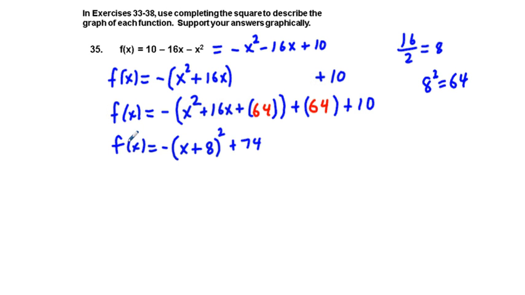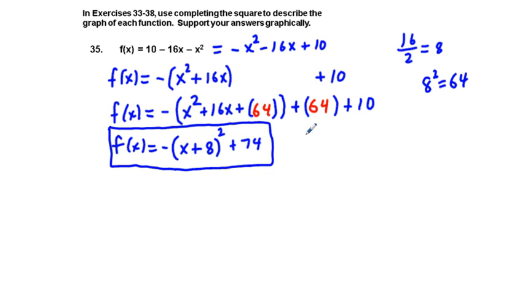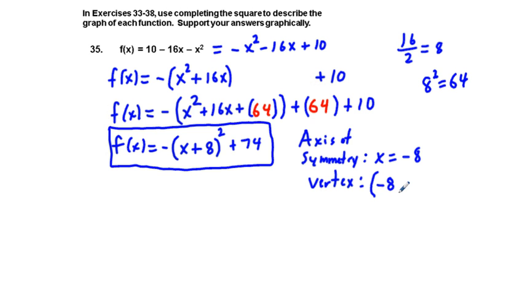So this is our function, and the axis of symmetry is x equals, now we'd have minus negative, so the axis of symmetry is at x equals negative 8, and our vertex is the coordinate pair negative 8, comma 74.